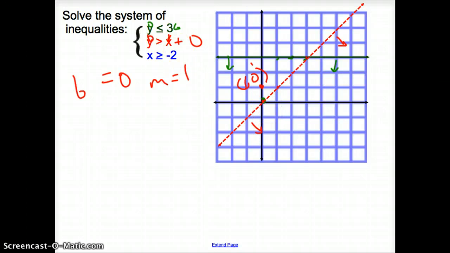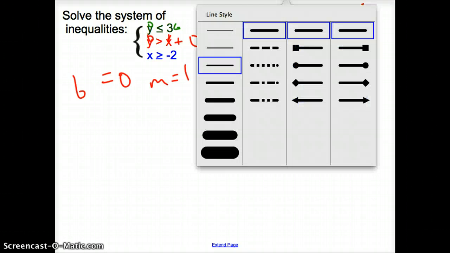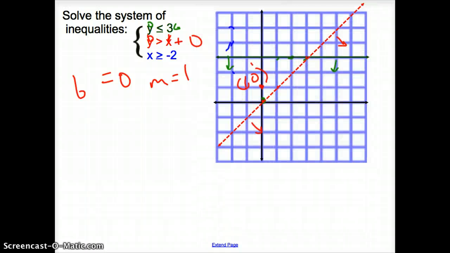Then for my last guy, I have x is greater than negative 2. We're going to get a vertical line through x is negative 2. And so I'm going to connect my dots with a line to get something like this.